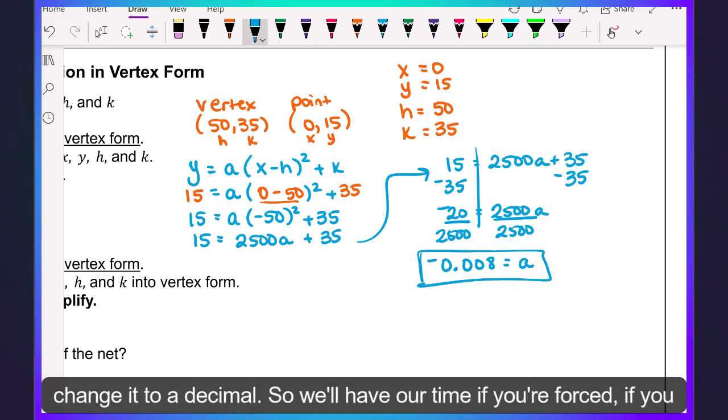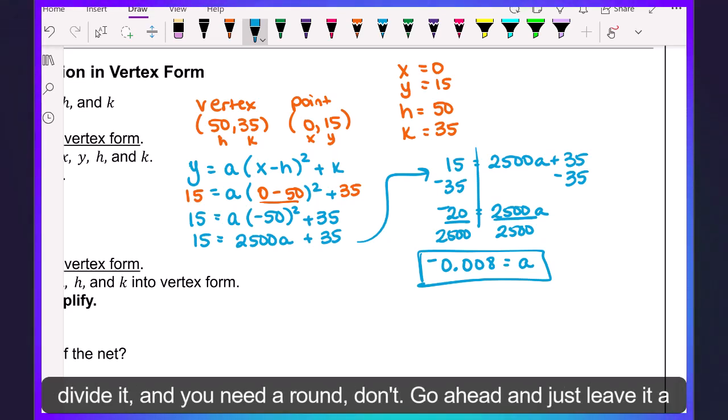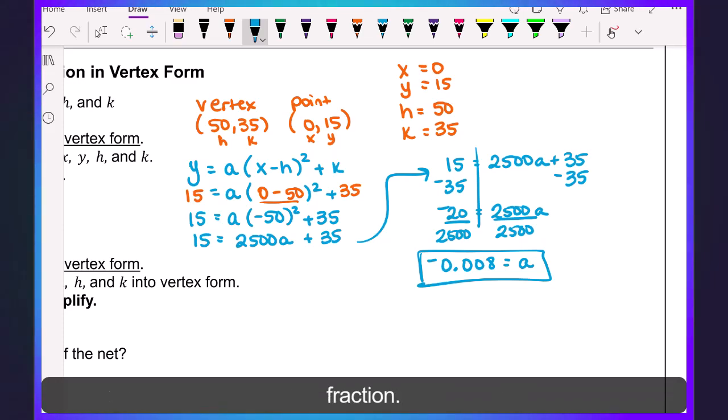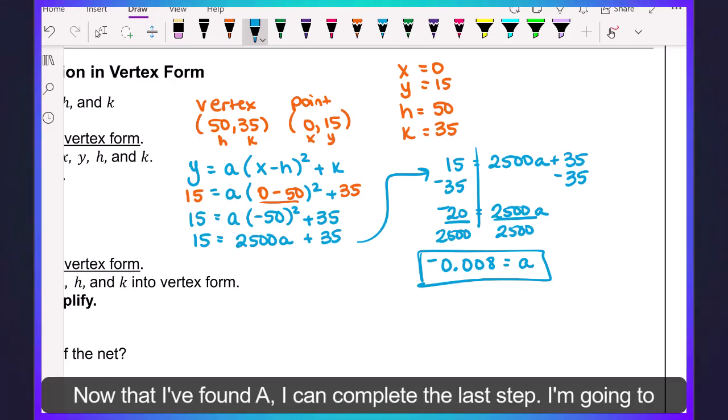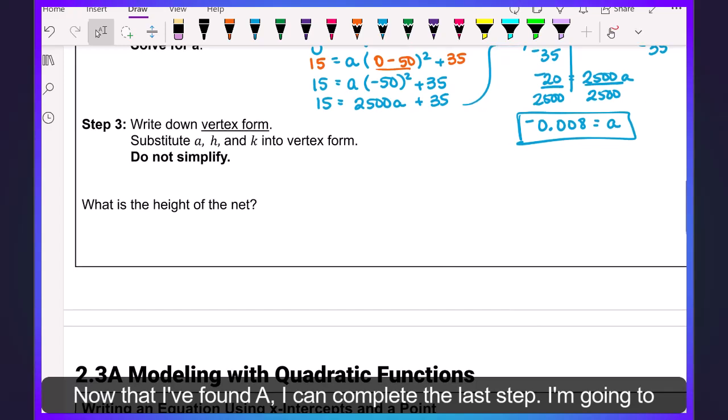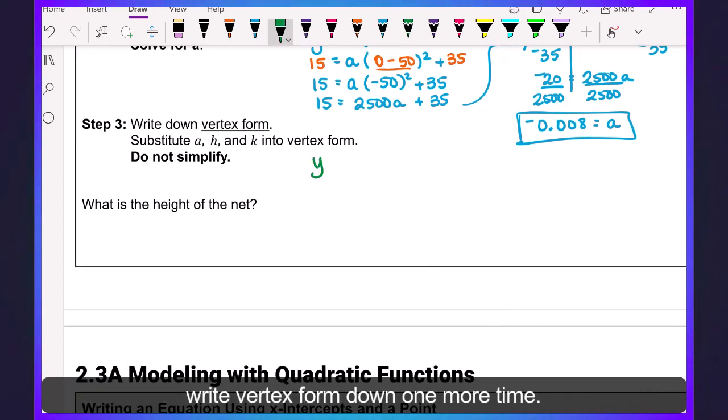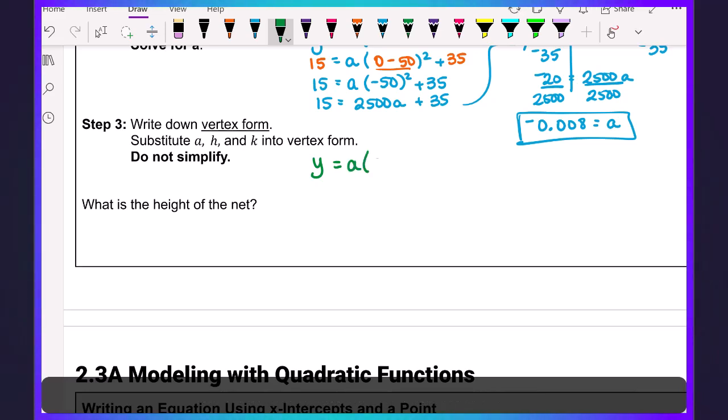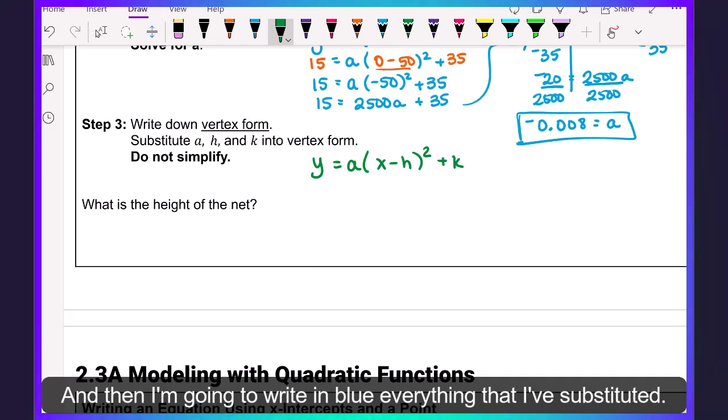So I'm going to change it to a decimal. So one more time, if you divide it and you need to round, don't. Go ahead and just leave it a fraction. Now that I've found a, I can complete the last step. I'm going to write vertex form down one more time. And then I'm going to write in blue everything that I've substituted.